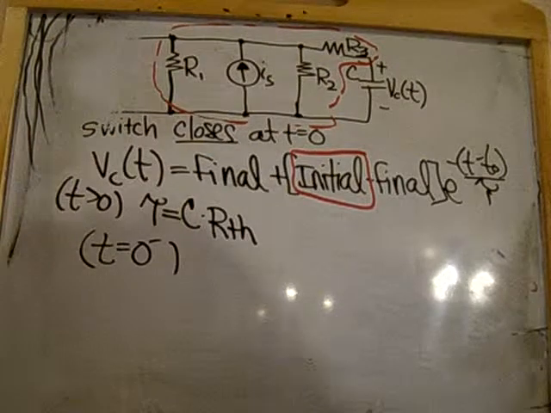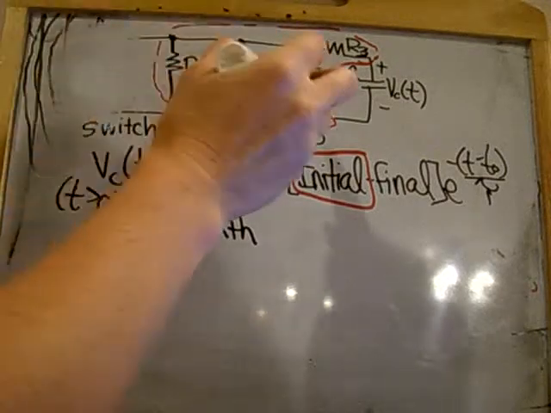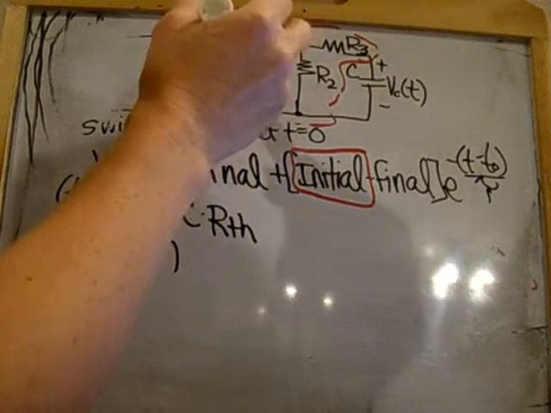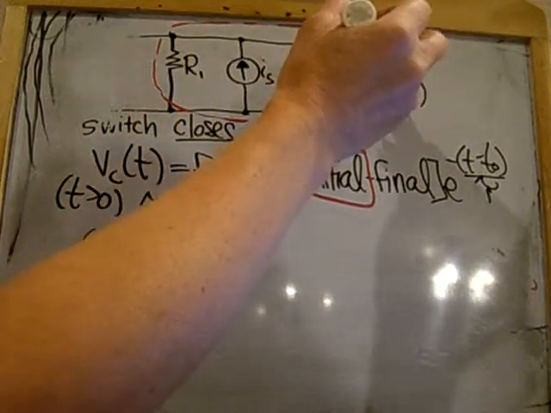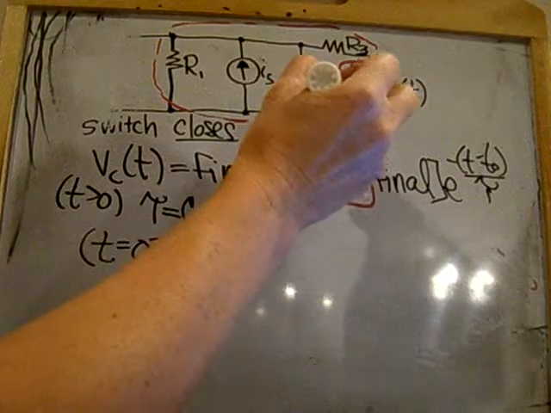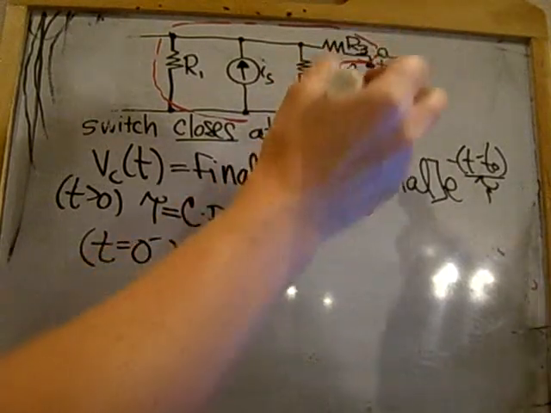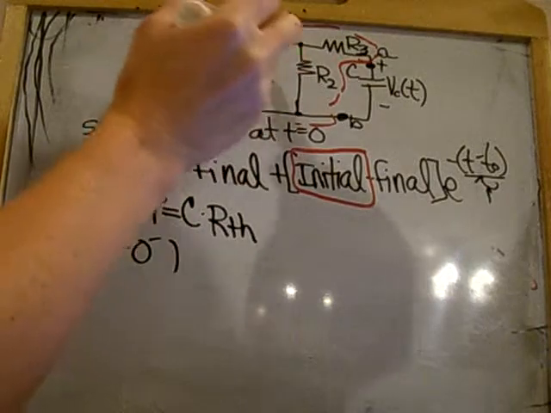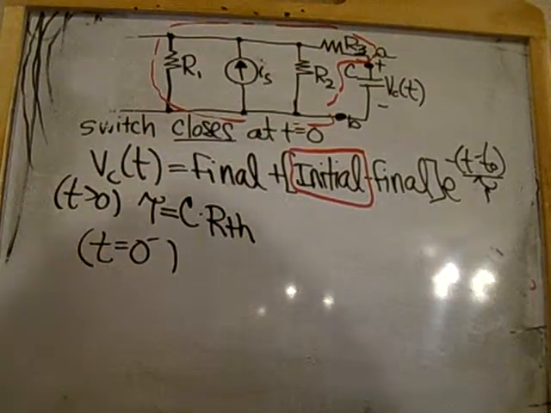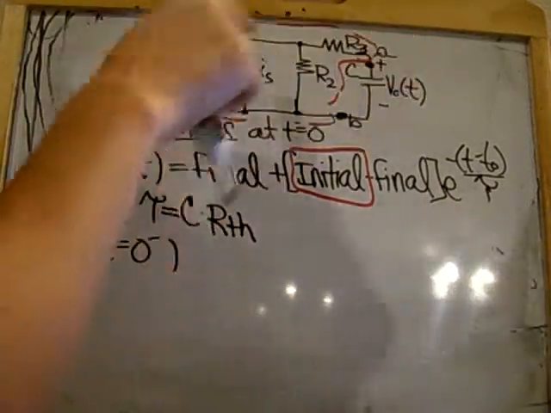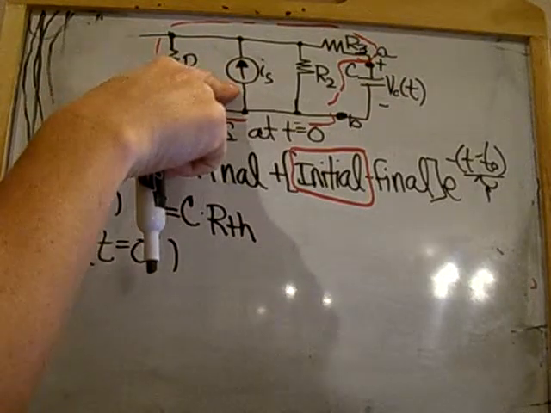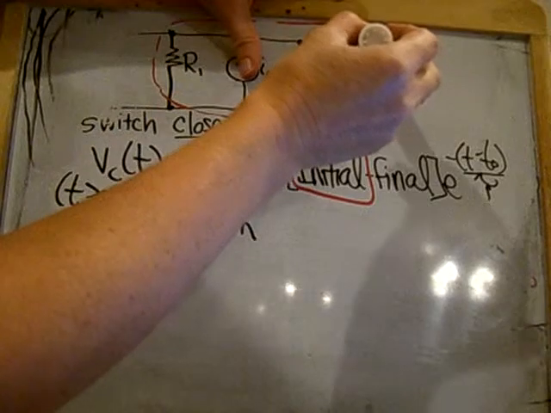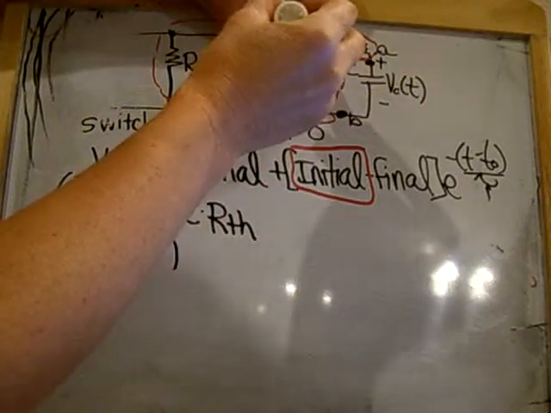So to find the Thevenin, since there is only an independent source here, this will be our A spot and this would be the B spot. And so with only independent sources in there, it's just remove the independent source where IS will become an open, and the pathway will be through R3.